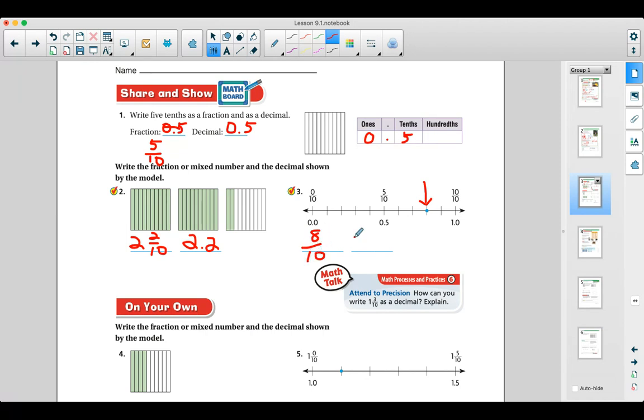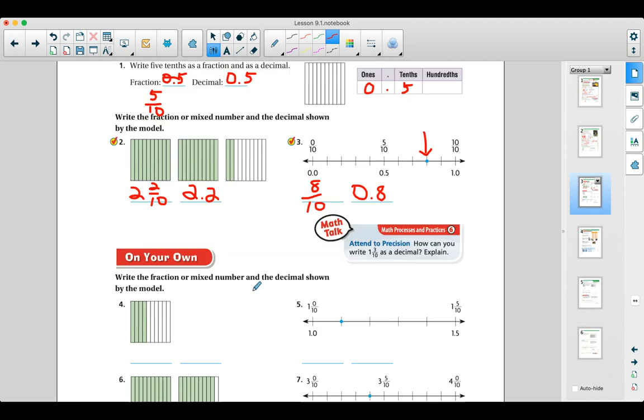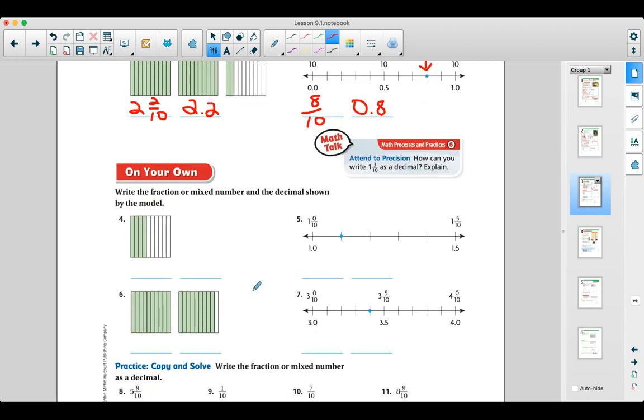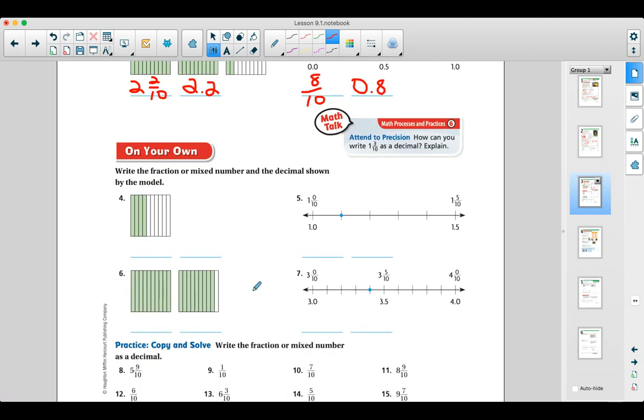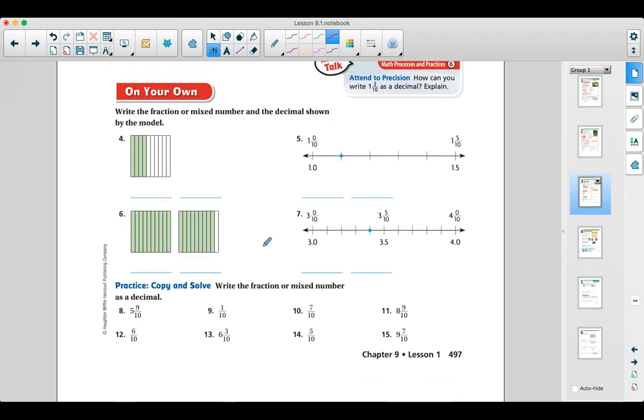And now let's write it as a decimal. 0 whole numbers and 8 is in the tenths place. Okay. So now on your own, you will be answering these questions. They will be coming up next in this assignment. Okay.